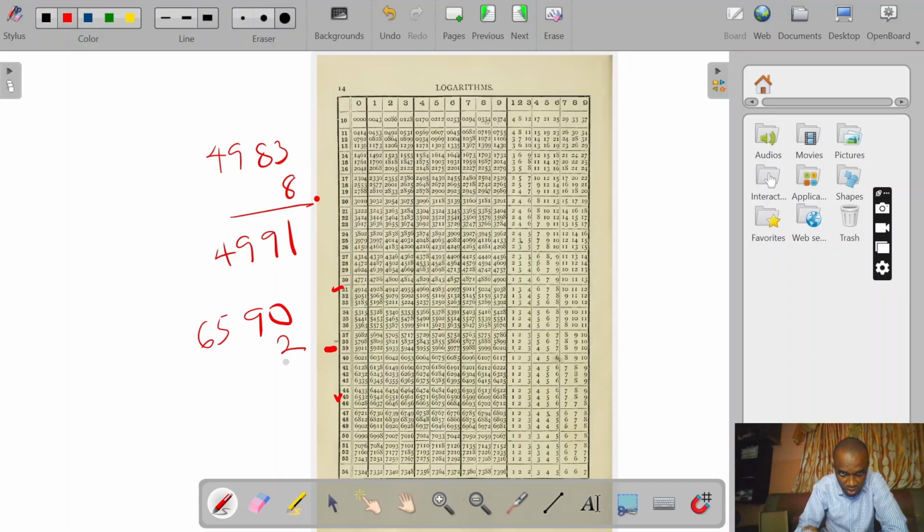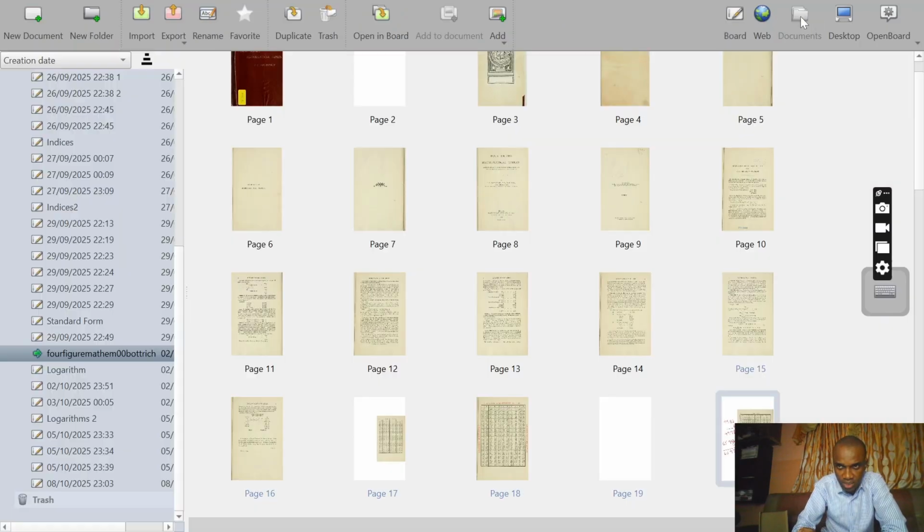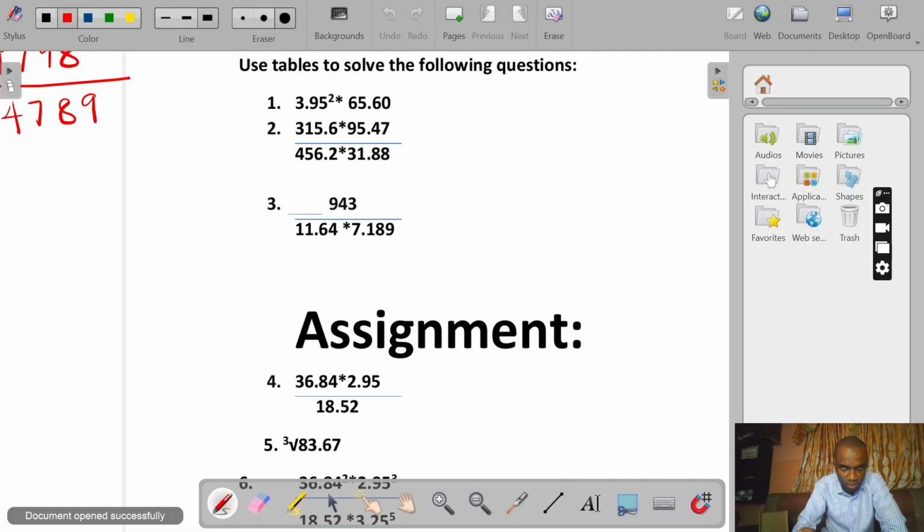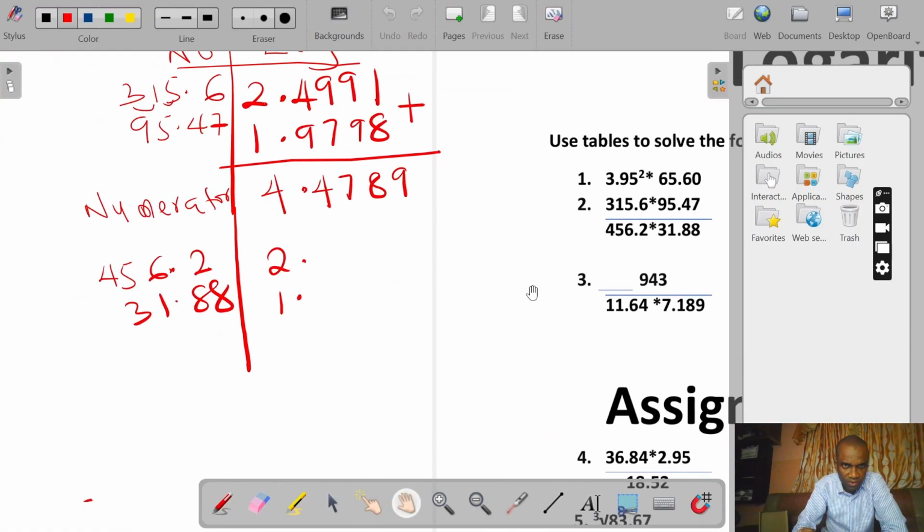So that will give me 6592. That's the logarithm. I'll go write it down. 6592.